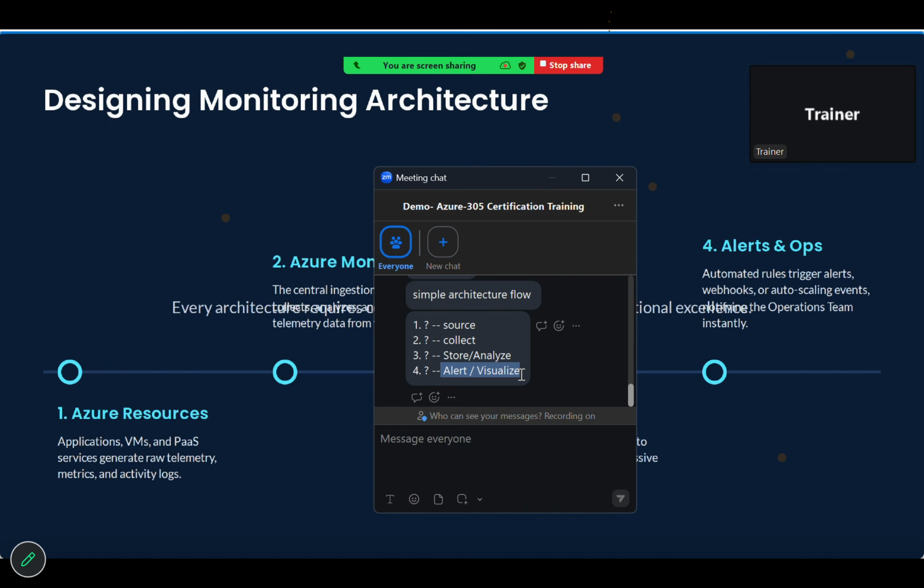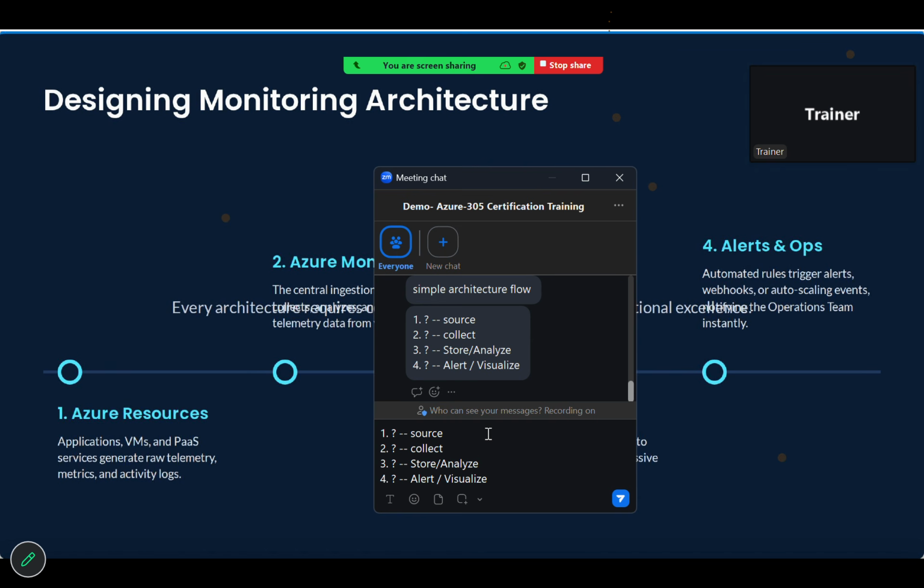So these are the simple architecture. If I talk about Azure examples, collect will be your Azure Monitor agent, store will be your Log Analytics and metrics, analysis is your query and dashboard, and alerts will be your alert rules. Let me explain once again.